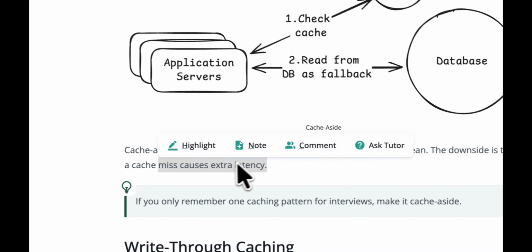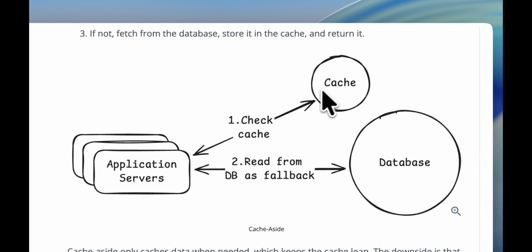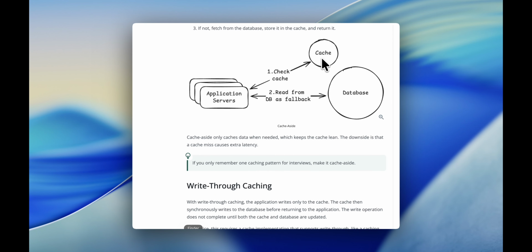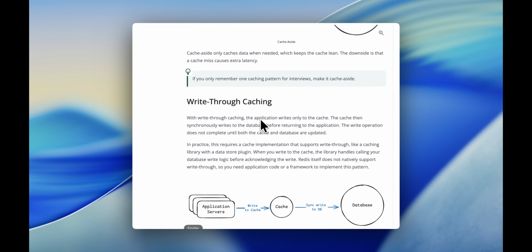Because let's suppose a value is not present inside the cache, so it is going to ask the database, and then once it grabs the data from the database, it is also going to store this in the cache, and from the cache you are getting the data, right? So that's why it causes the extra latency in your application, right?